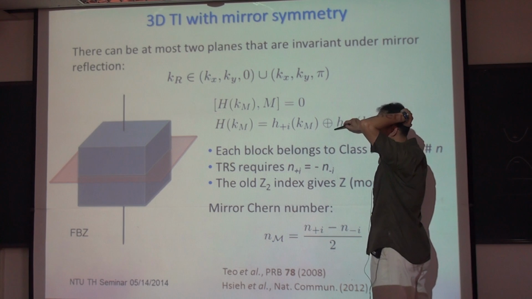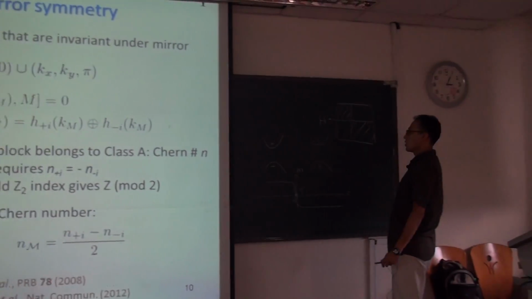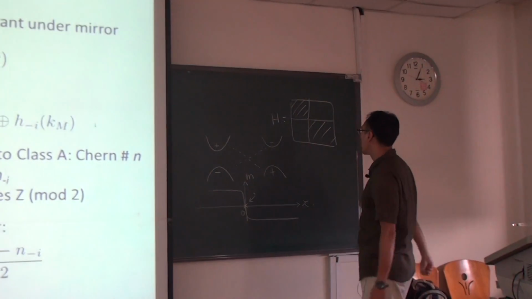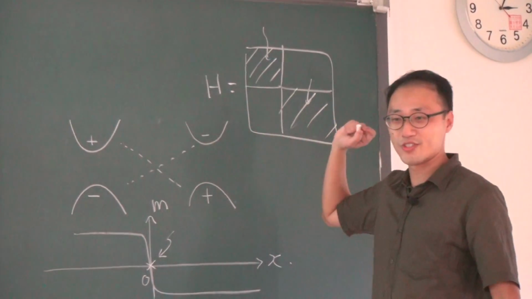So you have a Hamiltonian that looks like that, and you block diagonalize it. So you can have 2 possibilities. One is each block has the same symmetry as the original Hamiltonian.